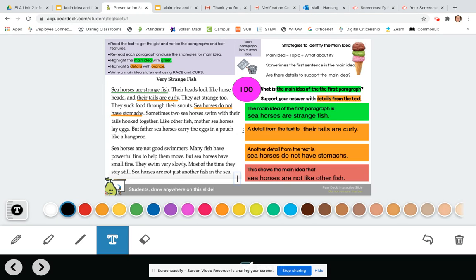A detail from the text is their tails are curly, period. Another detail from the text is seahorses do not have stomachs, period. This shows the main idea that seahorses are not like other fish, period. This is a great RACE response.